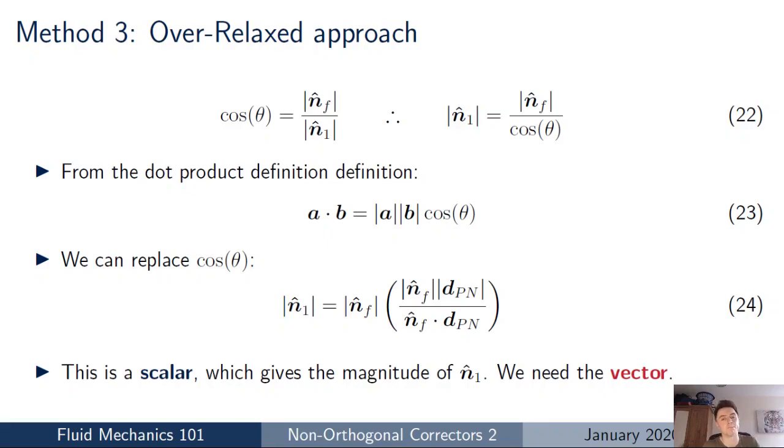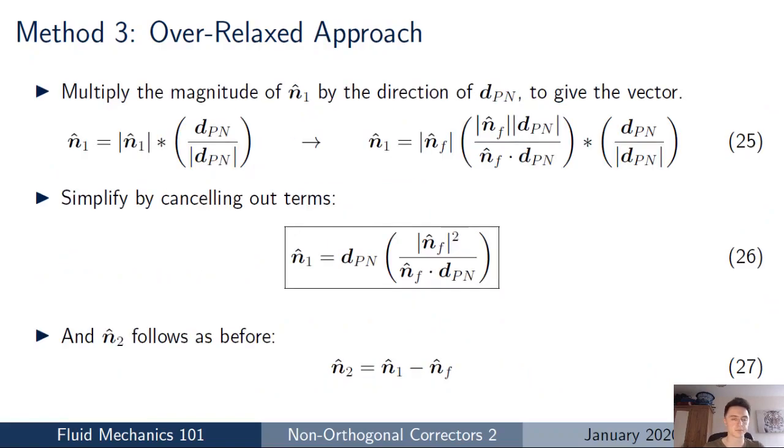And this, of course, says the magnitude of n1 is equal to the magnitude of nf multiplied by that fraction there. Of course, this is a scalar, which gives us the magnitude of n1. We now want the vector, which is going to be the magnitude of n1 multiplied by the unit normal vector in the direction of dpn. If we do that, that gives us equation 25.